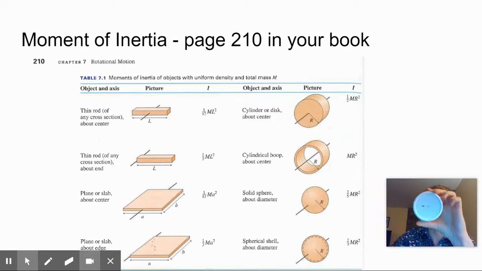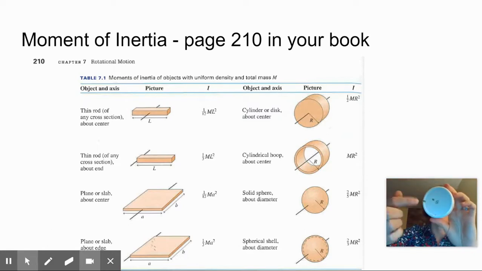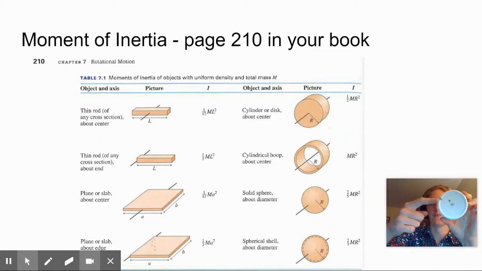If I have this little dot that represents the mass, this is the center here. I'll draw it like a bullseye. This little piece of mass, as I rotate it, doesn't go very far away from the center compared to a dot out here on the edge. As I rotate that, it goes much farther away from the center, and therefore this part of it is going to have a much bigger moment of inertia.